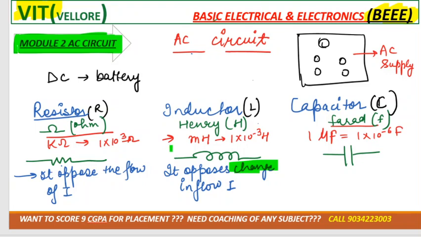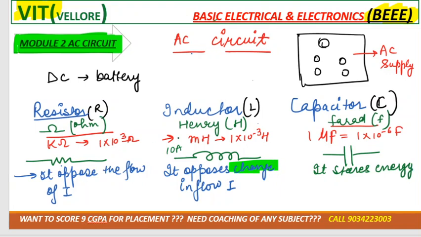If you are continuously changing the current, then the inductor won't allow the changing current to pass through it. If 10 ampere current has been flowing for a very long time and is not changing, it will easily allow the current to pass, but it will not allow changing current. Got it? Clear? Now the capacitor's function: it stores energy. Clear?